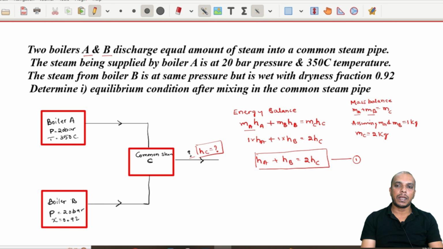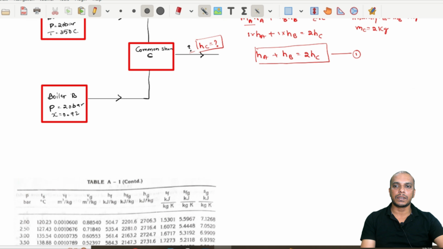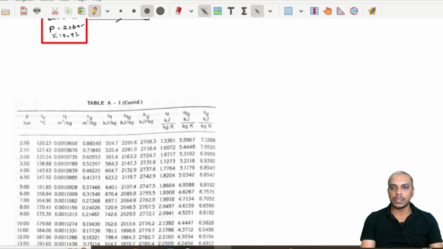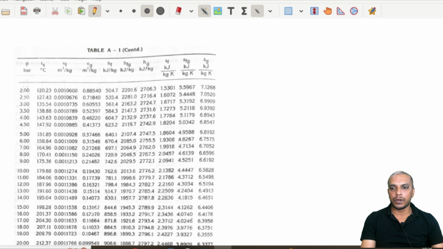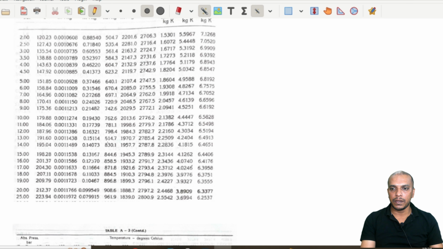Now, at 20 bar and 350 degrees Celsius, we know how to use the data handbook. So, let us go to the data handbook. For 20 bar, if the temperature is 350, what will be the condition of steam? I have table A1, which is pressure based. For 20 bar, the T saturation is 212.37.